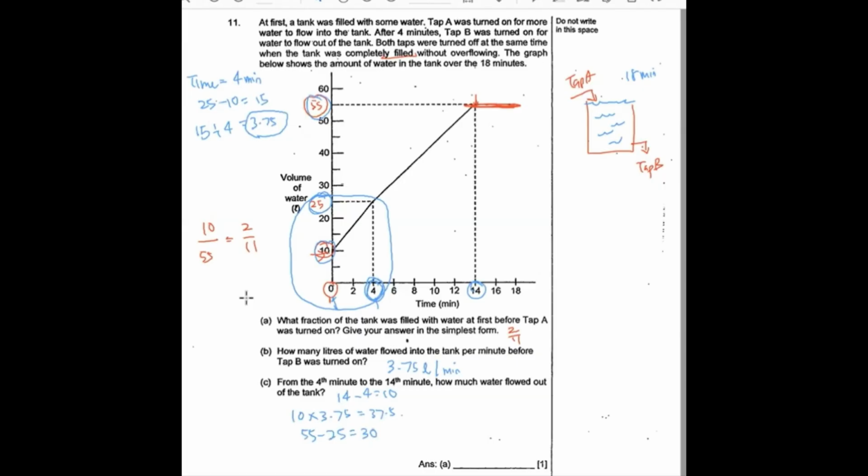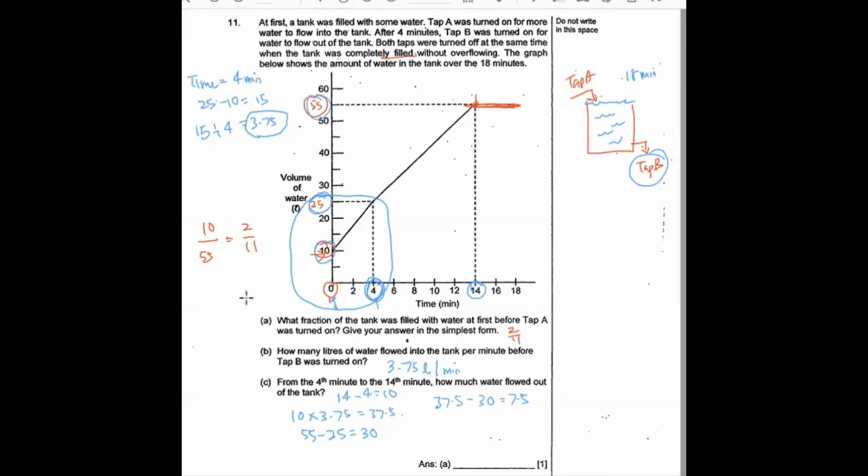Why? Because 37.5, there's a missing, how much? 7.5 liters. That 7.5 liters must be a result of tap B draining out the water over that 10 minutes.